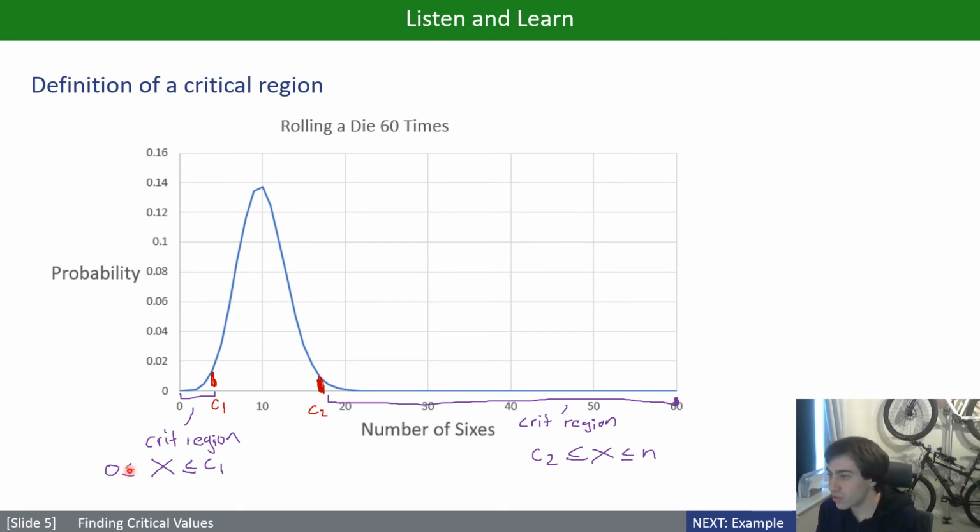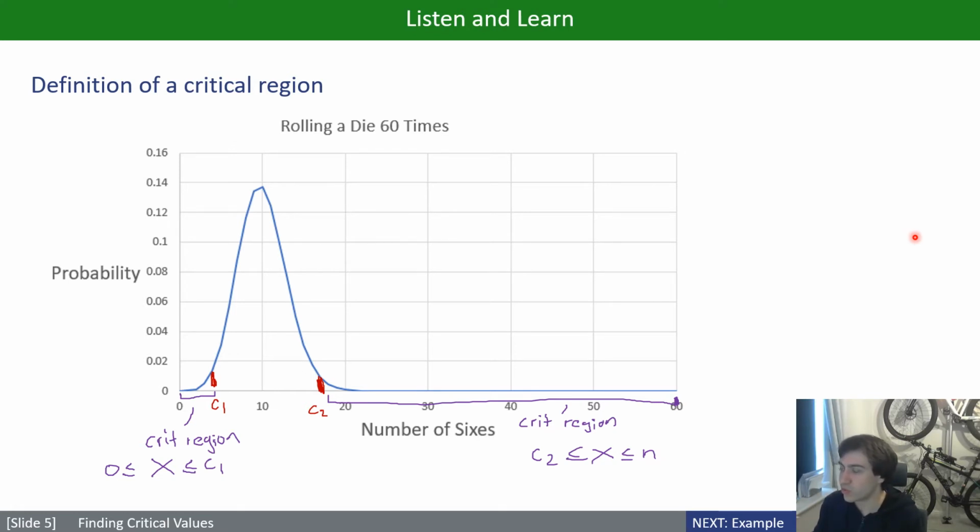So those critical regions are always effectively defined that way. One side of the region is the critical value, and the other side is either 0 or it's the number of trials n. Okay, so they're kind of one and the same thing. You can get from a critical value to a critical region, and you can get from the region to the value. But because they are technically two different things, one's a number and one's a set of numbers, it's important to distinguish those two words.